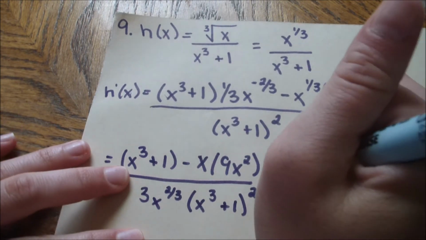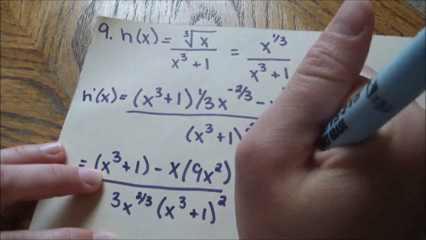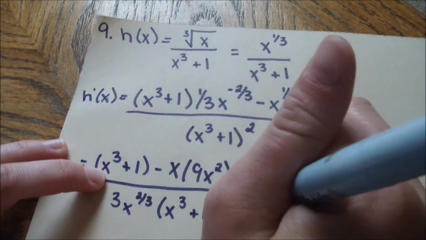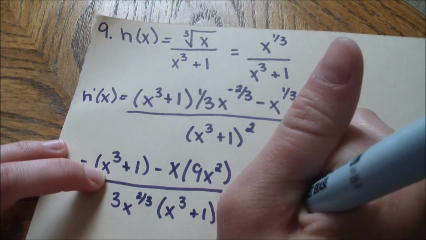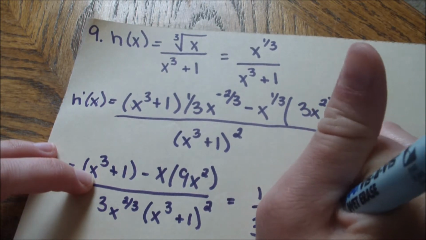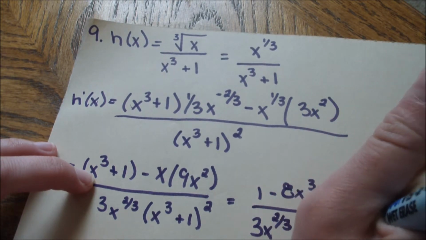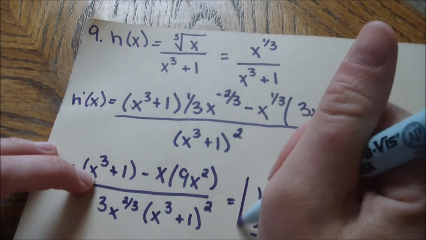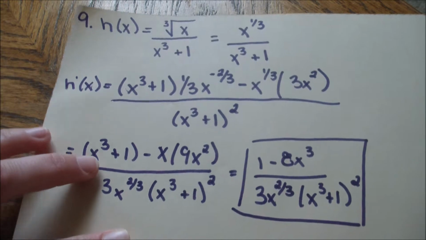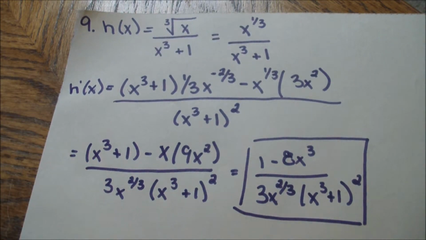And that equals 1 minus 8x to the third over 3x to the 2/3 times x to the third plus 1 squared. So there's 9. Let's do another example.